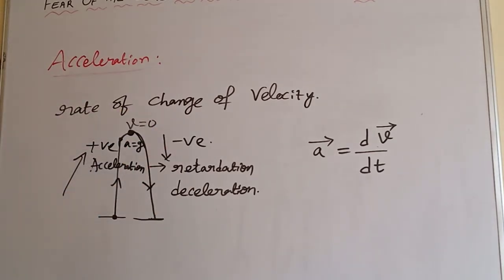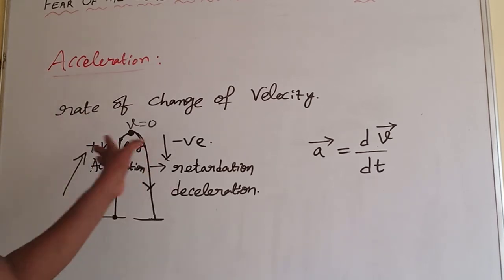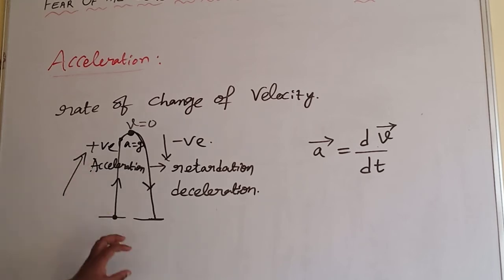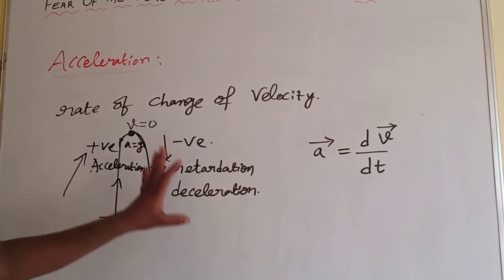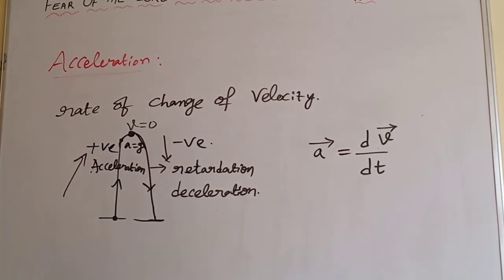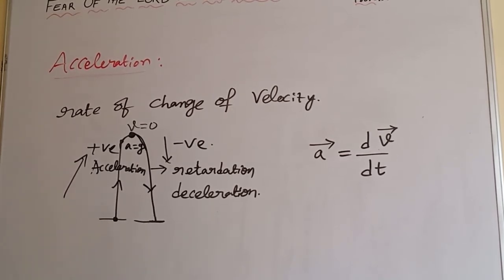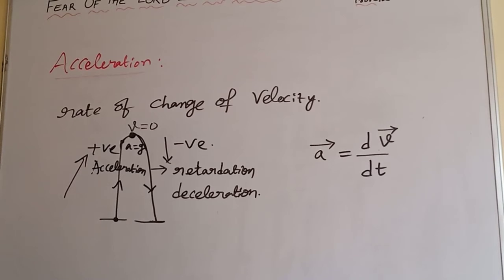Okay, so that is about the important points. Next, if a body has uniform velocity, it has no acceleration. Remember that. A body having uniform velocity has no acceleration at that time. Now we are going to discuss the value of g.